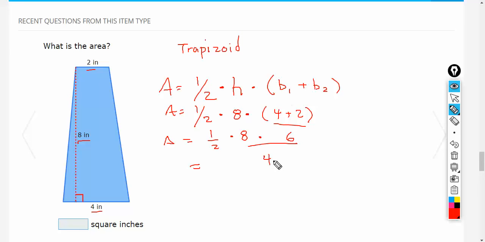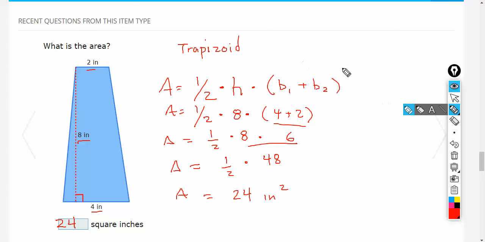Okay, that's 48 times half equals the area. Okay, half of 48 is 24 inches squared.